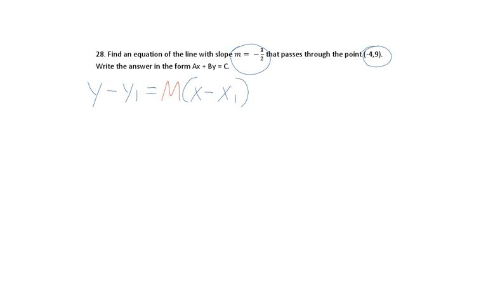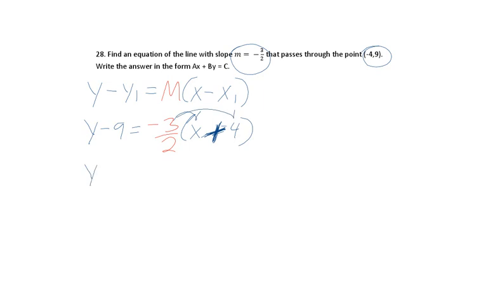So let's see. We're going to have y minus 9 equals negative 3 over 2 parentheses x minus negative 4. Well, really quick, two negatives are going to form one positive. And then negative 3 over 2 can distribute.